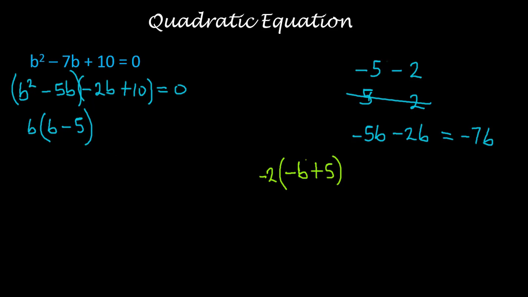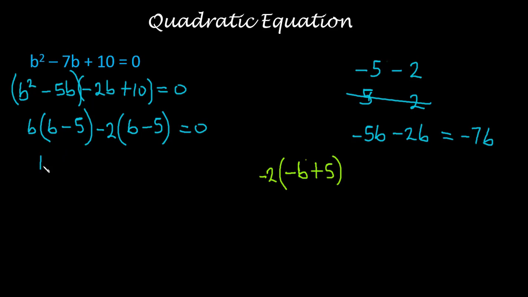So instead of writing 2 here, we are going to write minus 2, so that we can have b minus 5. So minus 2b divided by minus 2 will give us b. Then 10 divided by minus 2 will give us minus 5. And this equals 0. This is very important anytime we want to do it, so that the values in the brackets will be the same.